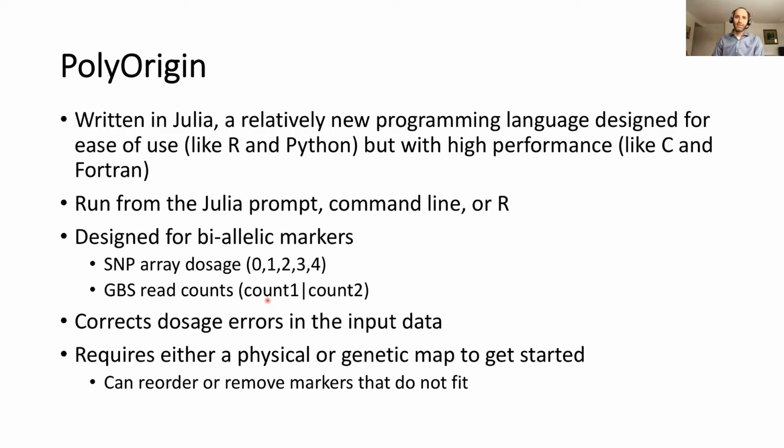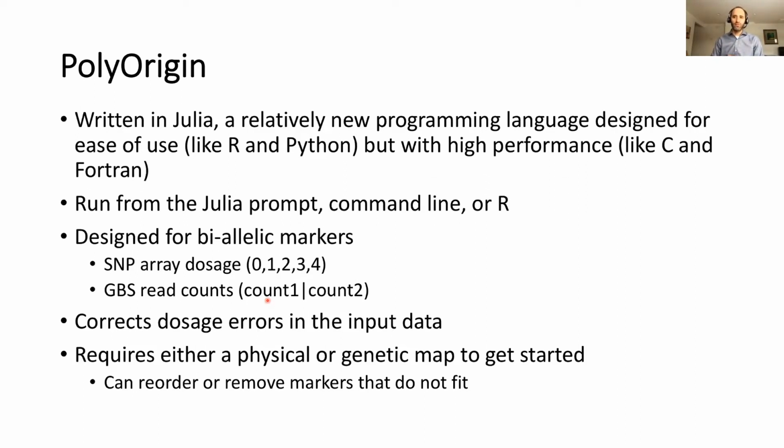The software has models for how errors can appear in the data, both in terms of read counts and the dosage calls themselves. So it accounts for that and can correct that information to give you corrected genotype data for both your parents and your offspring.